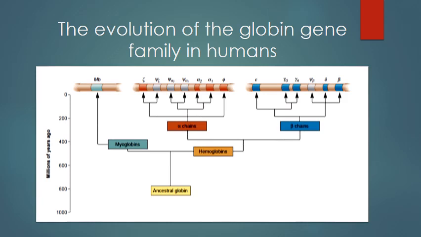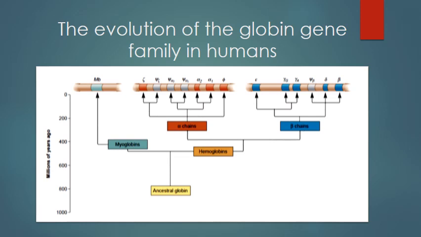A well-studied example of a gene family is shown here, which illustrates the evolution of the globin gene family found in humans. The globin genes encode polypeptides that are subunits of proteins that function in oxygen binding. For example, hemoglobin is a protein found in red blood cells. Its function is to carry oxygen throughout the body.